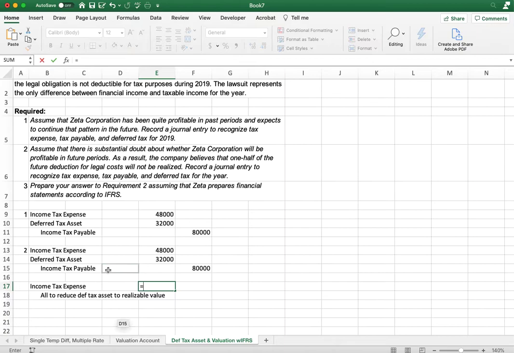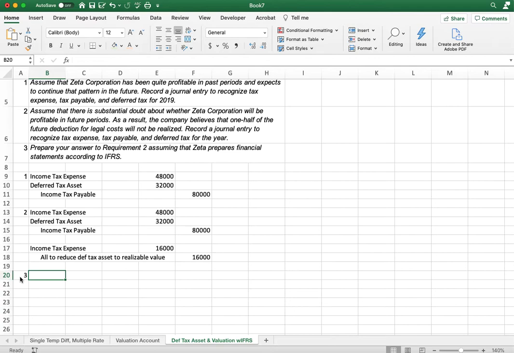And that's going to be equal to our deferred tax asset times 1/2. Okay, and then the next part, prepare your answer to requirement 2, assuming that Zeta prepares financial statements according to IFRS.